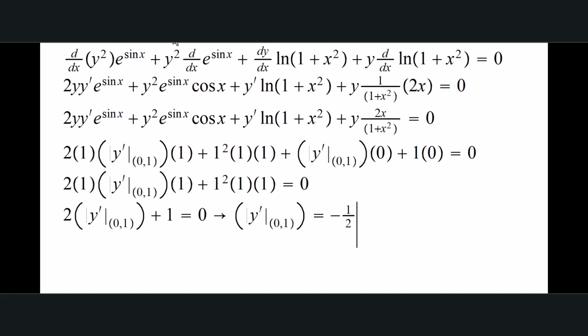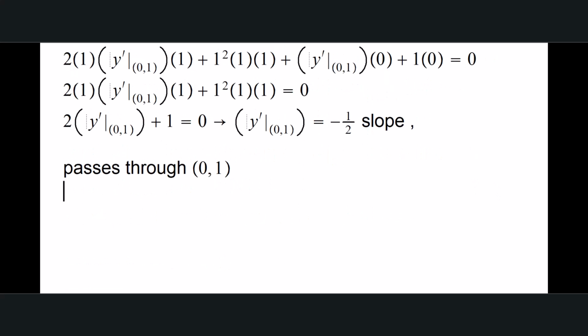So what would the equation be? The slope is this, so this is the slope, right? And the line passes through (0, 1), right? Okay, let me just write it here. It passes through (0, 1). So an equation can be written as y minus 1 equals, okay, so here we got y minus 1 equals the slope, that is negative 1/2, right, times x minus 0, right?